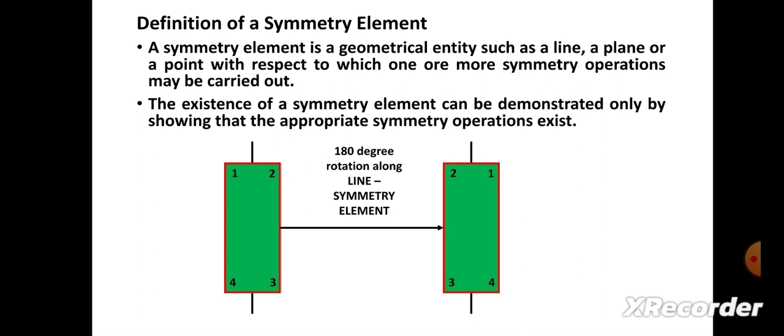We get the rectangle on the right side. 1 is replaced by 2 and 2 is replaced by 1, and vice versa. 4 is replaced by 3 and vice versa. The shape of the rectangle is retained and the equivalent points are displacing each other. But this is possible only through the element about which this rotation is carried out. What is the element here? The line about which this rotation is carried out is called the symmetry element.